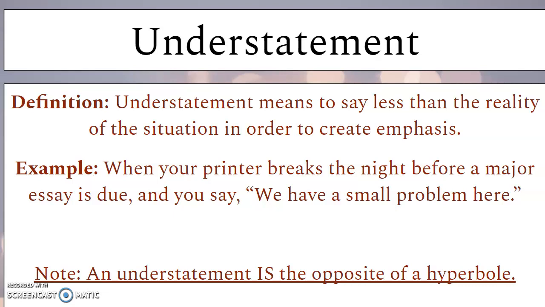For example, when your printer breaks the night before a major essay is due and you say, we have a small problem here. That's an understatement. That would be a really big problem probably. So again, you're trying to emphasize the situation by kind of belittling whatever situation you're in. And again, something important to note is that an understatement is the opposite of a hyperbole.